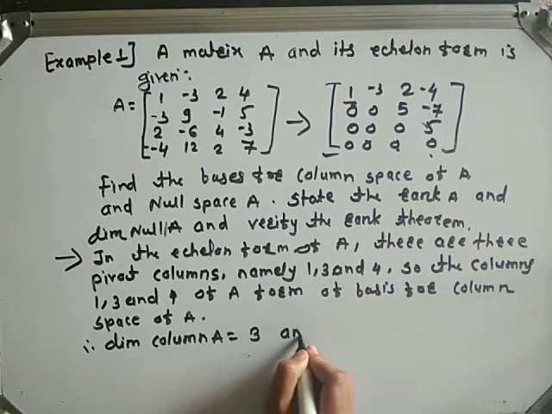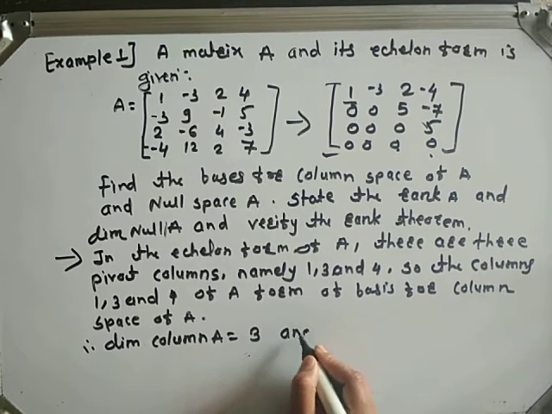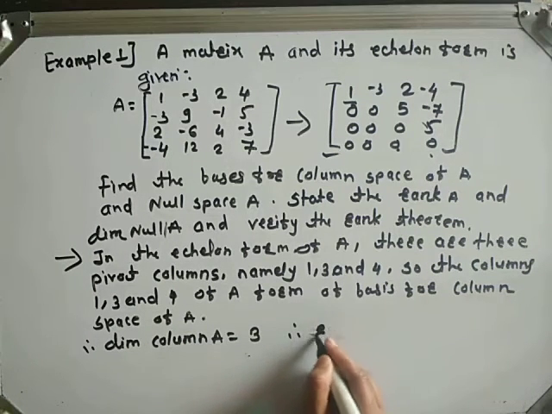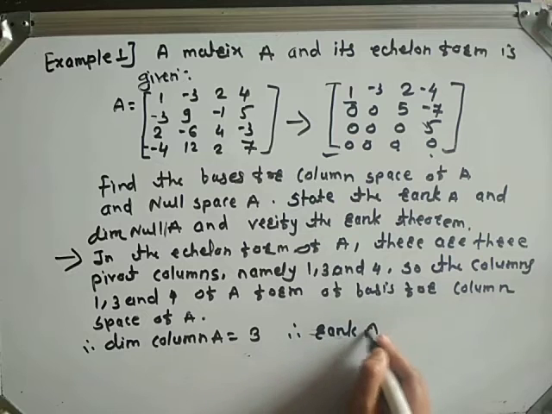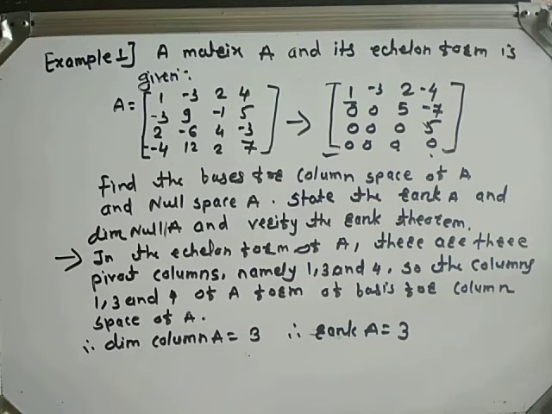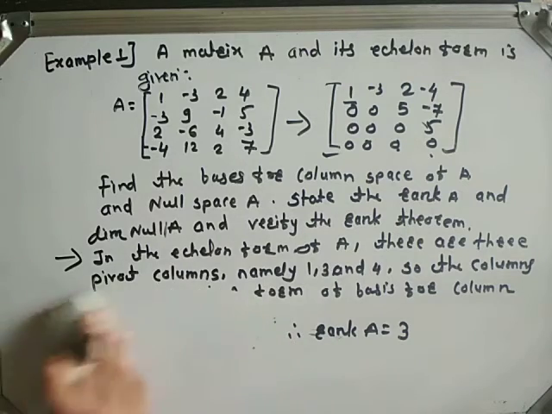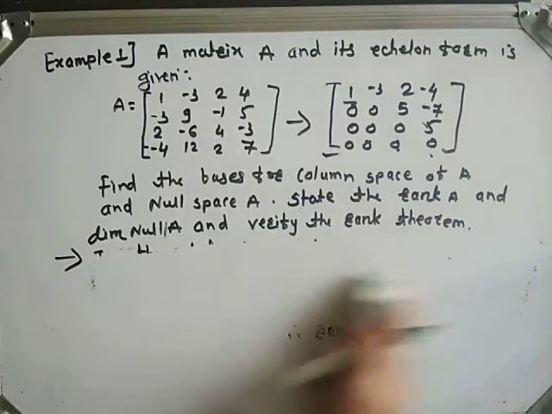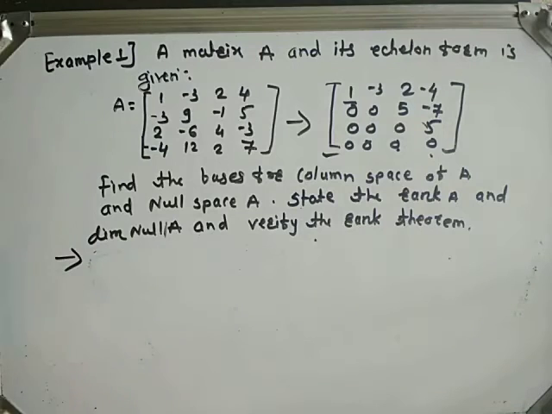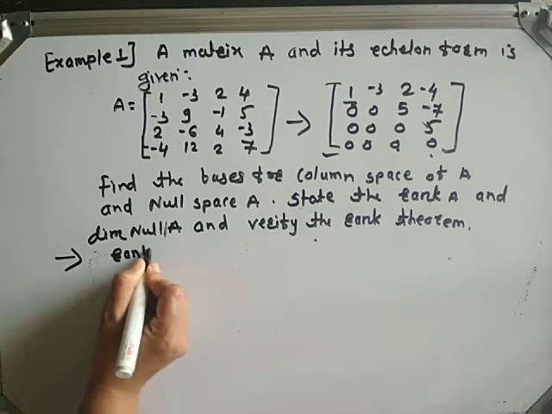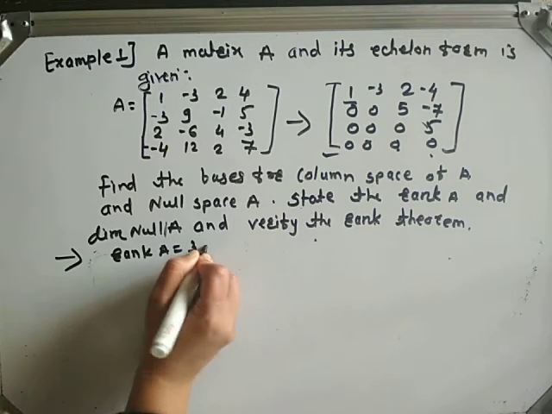And we know that the dimension of column space of A is nothing but the rank of the matrix. Therefore, rank of A is equal to 3.